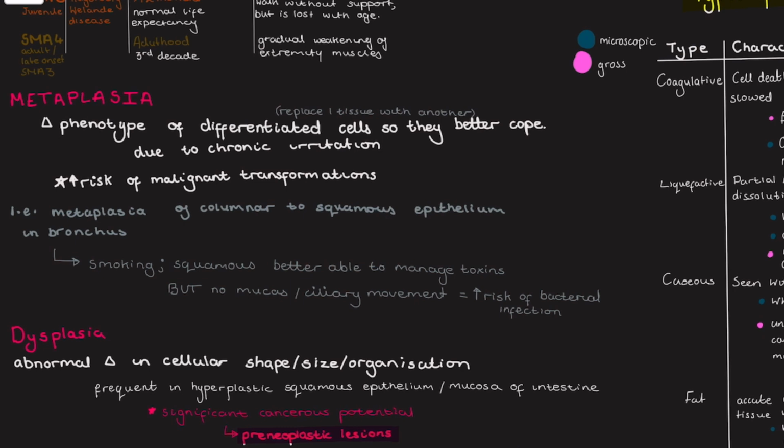However, a protective mechanism from the columnar epithelium is lost because these have the goblet and cilia cells. So there's no mucus to trap any bacteria or nasties that are going down, and there's no cilia to clear the particles away, meaning you're more likely to get bacterial infections. So on one side, you're better able to cope with the smoking. On the downside, you're probably going to get a chest infection.